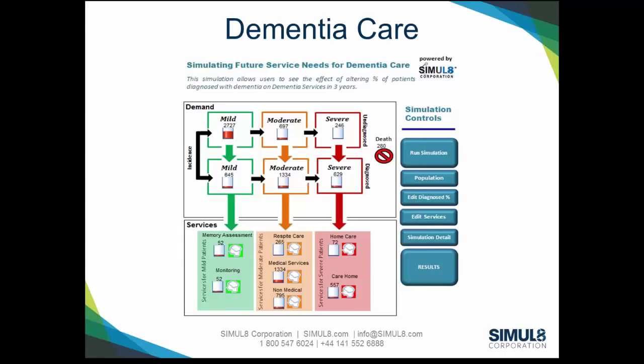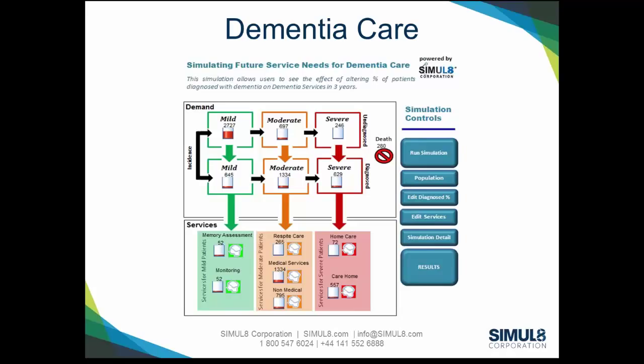So it's probably 8 to 15 years by the time you become severe if you've been picked up at the mild stage. And of course what we're trying to do is keep people as independent as possible in that mild to moderate stage so that they don't get to that severe stage. But you need different services at different points.